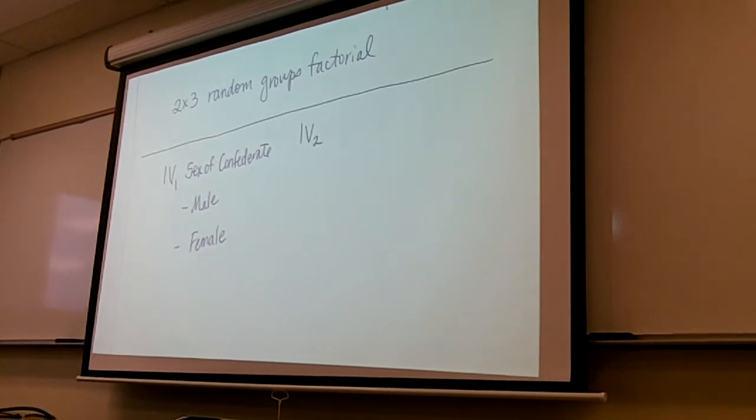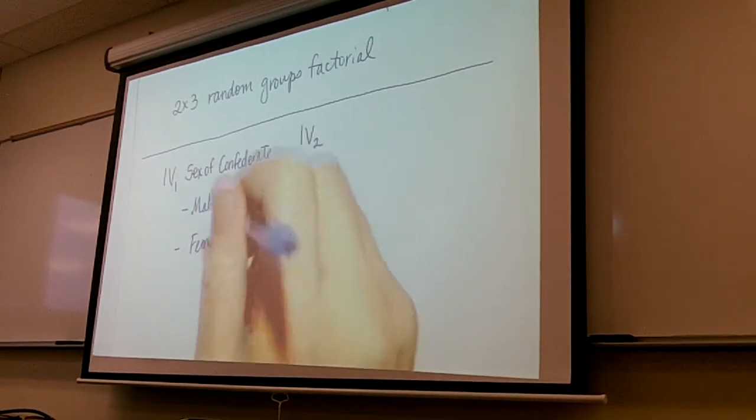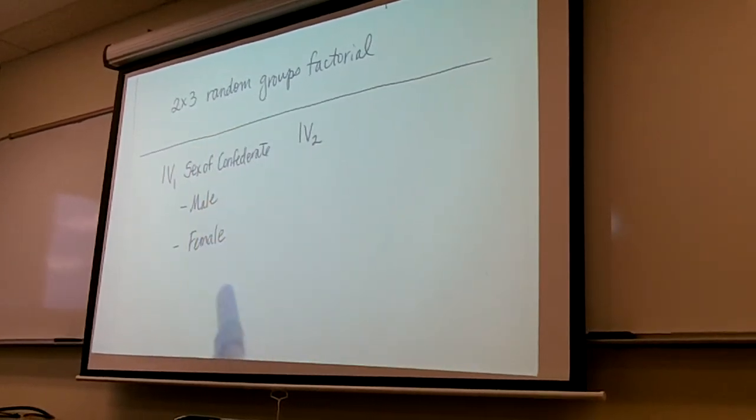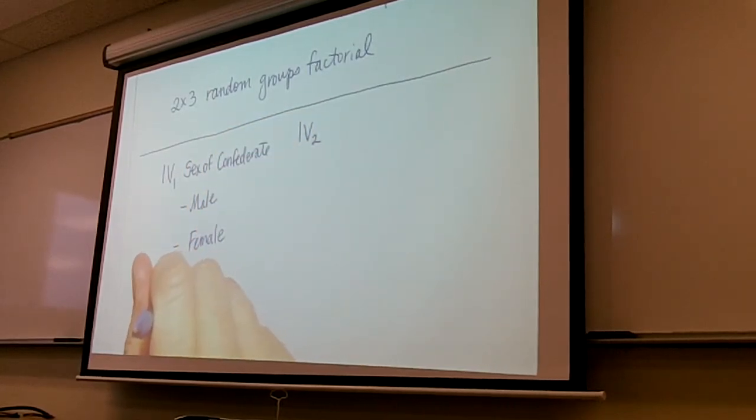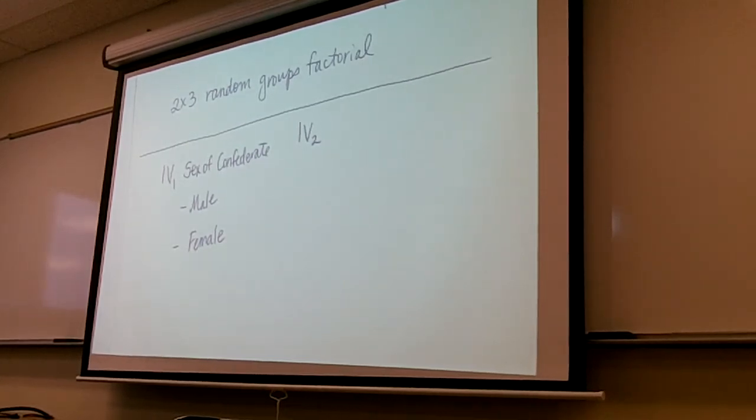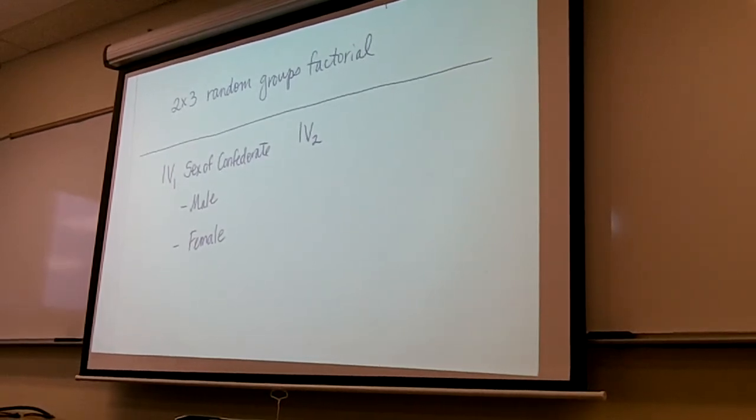Each confederate lied on half of the polygraphs and told the truth on the other half.